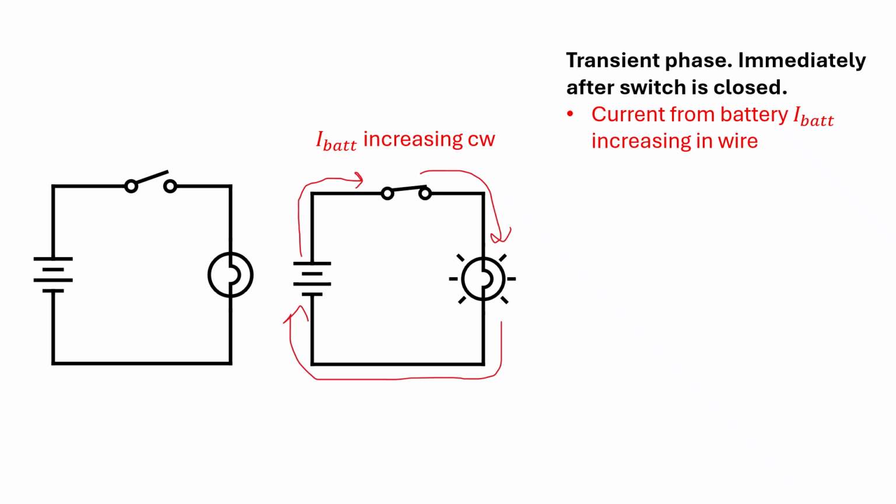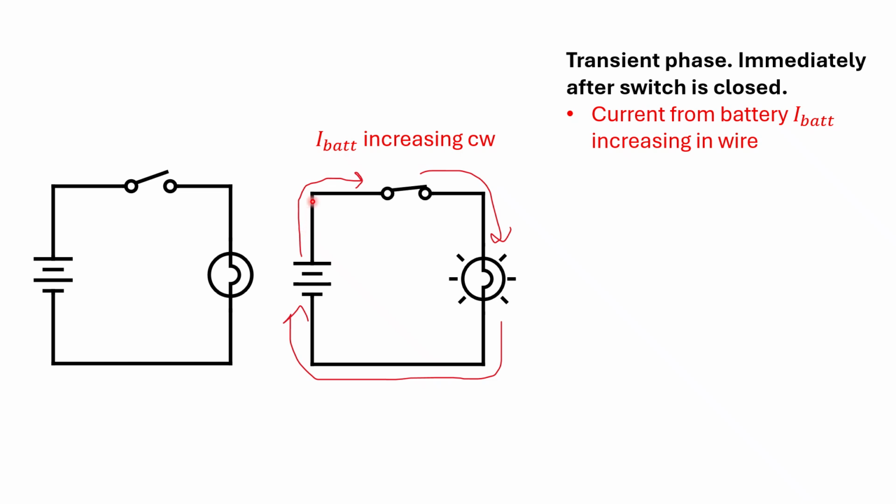But we now know that moving charge is what creates magnetic fields. And so this current is going to create a magnetic field. Let's look at this section of wire right here. To the left of the wire is going to be coming out of the screen according to our right-hand rule. And on this side of the wire, it's going to be pointing into the screen.